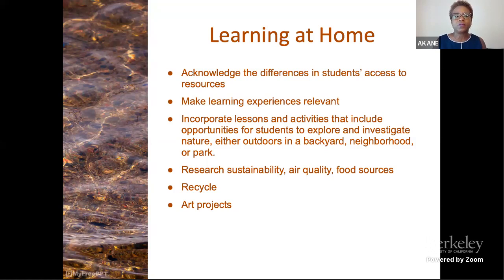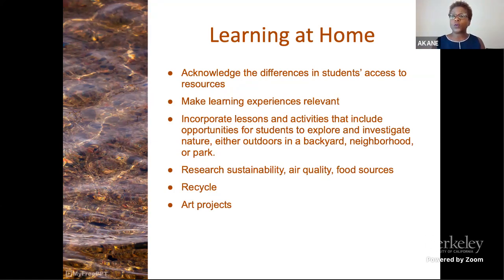And so we first want to recognize that there are some differences, and that the learning has to absolutely be relevant. For those who are able, we want to be sure to incorporate those lessons and those activities where they can use their backyard or a neighborhood green space, or if they are in proximity to a park. Recognizing that there's also a place for research about perhaps sustainability if you don't have an outdoor space. Air quality, not only air quality outdoors, but air quality indoors.